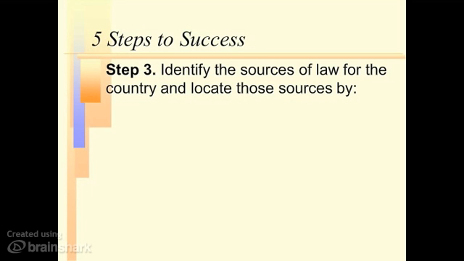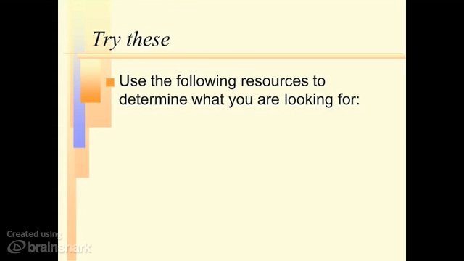You can look at GLIN, which is put together by the Library of Congress, or you can use a subject-specific guide. For instance, NATLEX for labor law, or World Bank's Doing Business for Business Law. Try these resources on the next 4 slides.